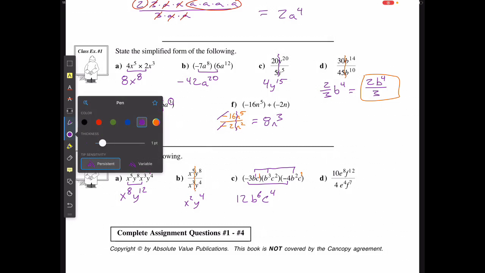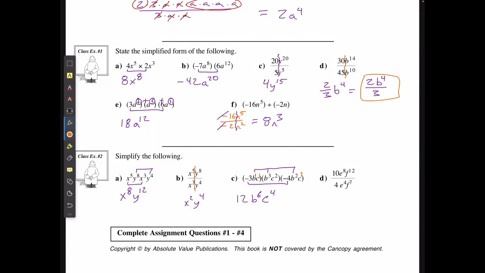For example D, it's another rational one, so I'm going to isolate the coefficients and isolate the different variables. 10 divided by 4 doesn't divide evenly, but I can divide both of those numbers by 2 and get 5 over 2.